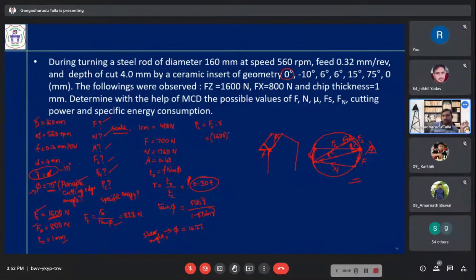D and N are given, so pi D N by 1000, because D is in mm. So find out PC.